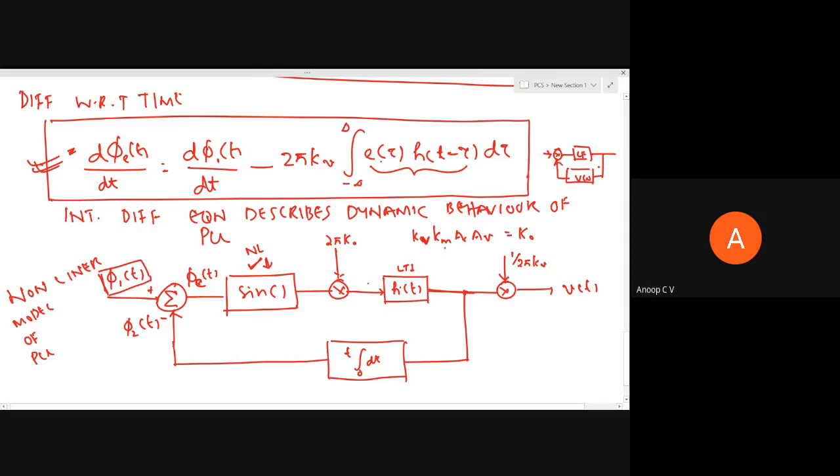If you have something like this, there will be sum and difference. If you suppress the sum, you will get the difference. Difference will have only what? Sine of phi 1 of t minus phi 2 of t, which is the required thing, right? Phi 1 of t has the required message information, right? So this was the mathematical model, and after solving that, we got this, which is how we can implement a PLL practically.